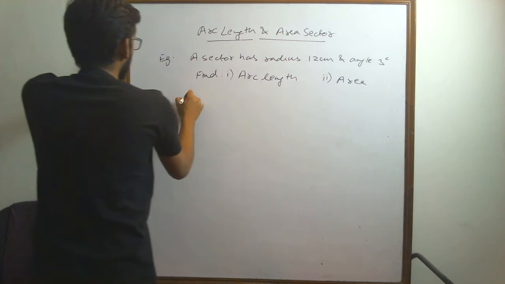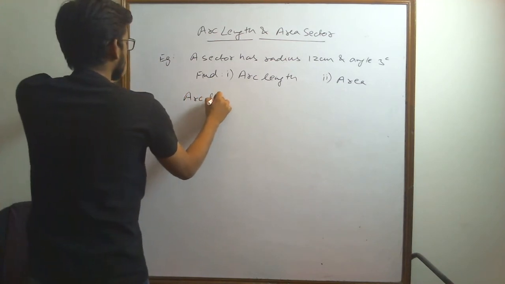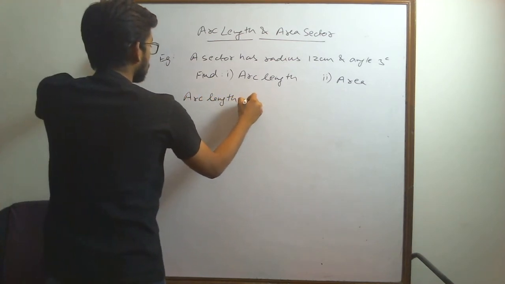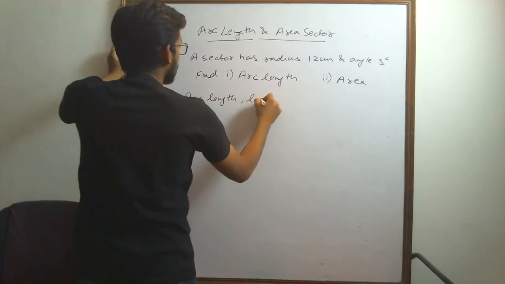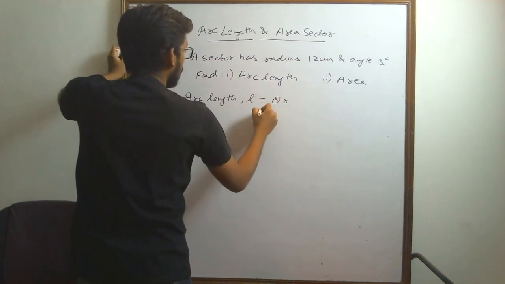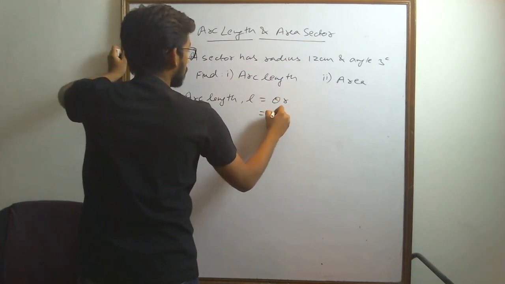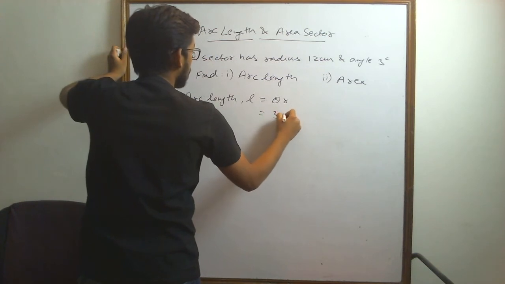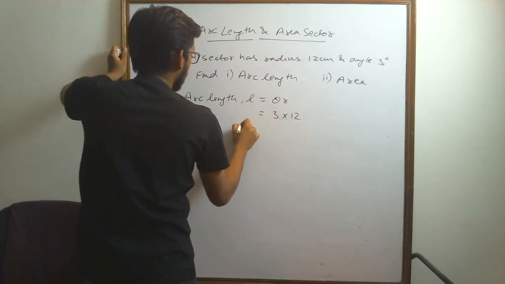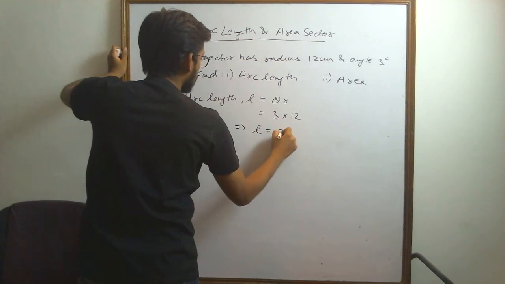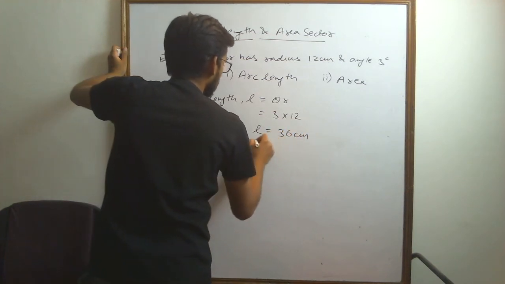So first, arc length, which is L, is equal to theta r. Theta is given to be 3 and r is given to be 12. So we get length of the arc is equal to 36 centimeters.